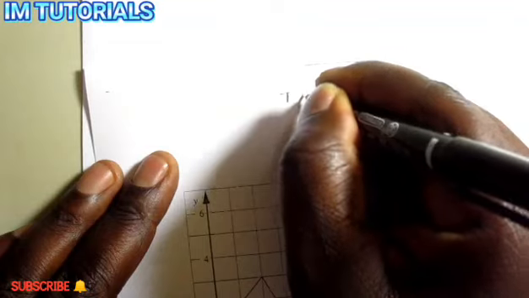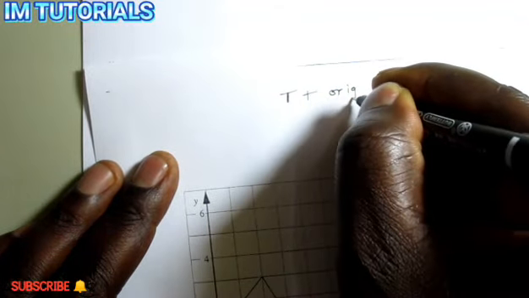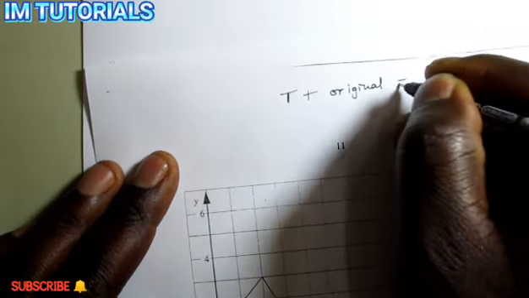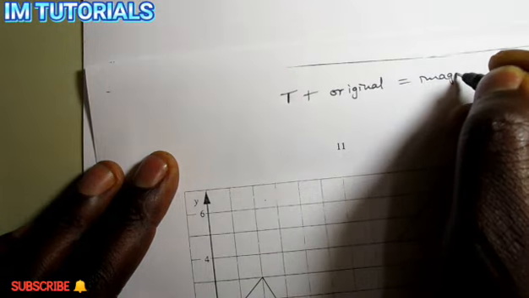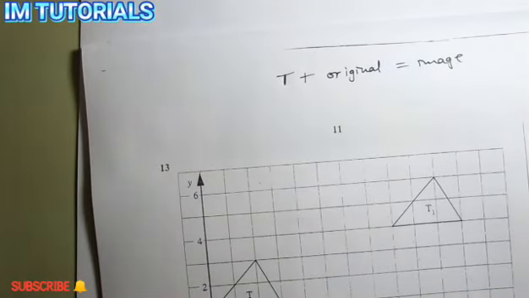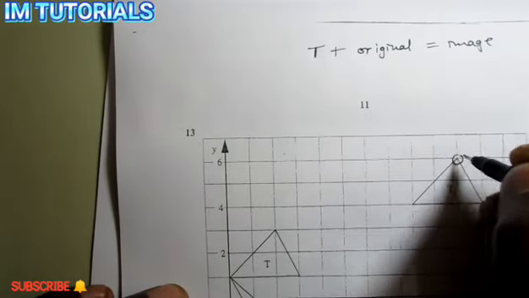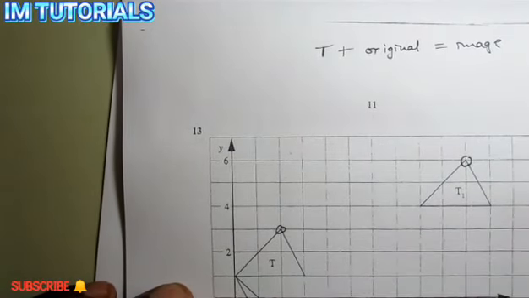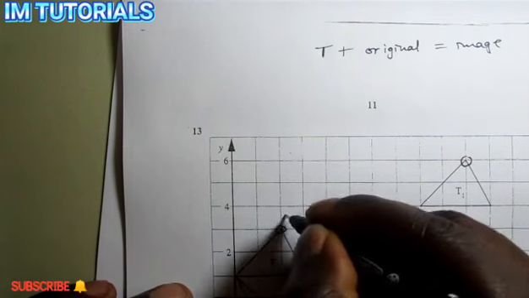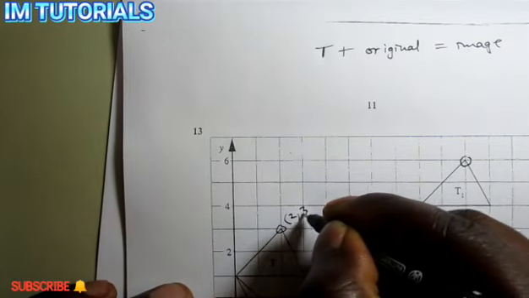Right. So to find the translation vector, you use the formula T plus original is equal to image. So you have to choose a common point, right? For example, this top point is identical to this top point. What are the coordinates of this top point? We have 2 and 3.